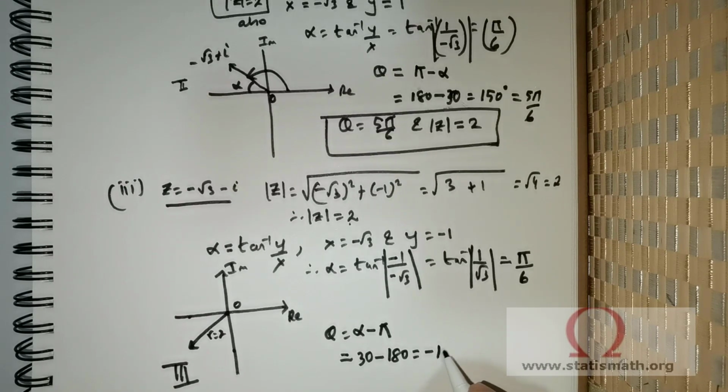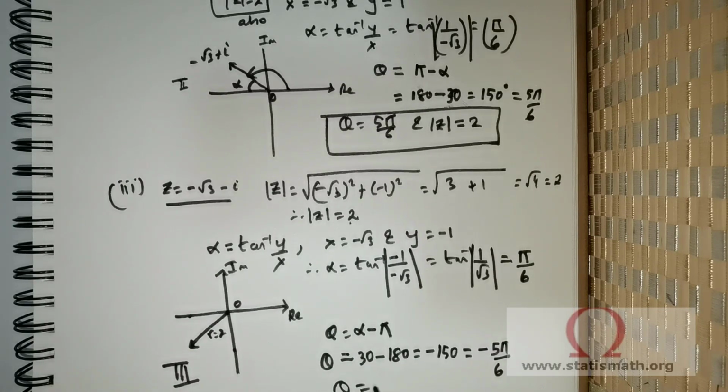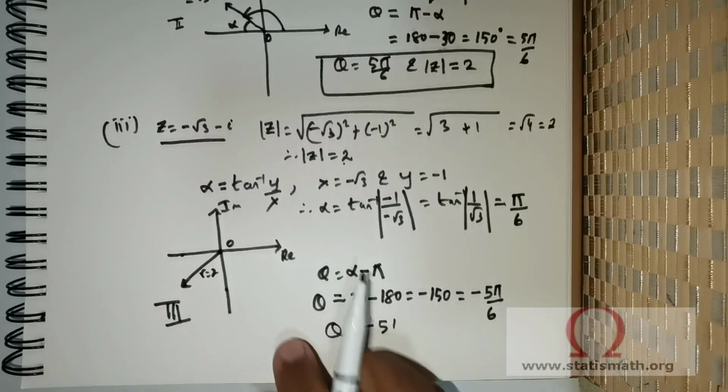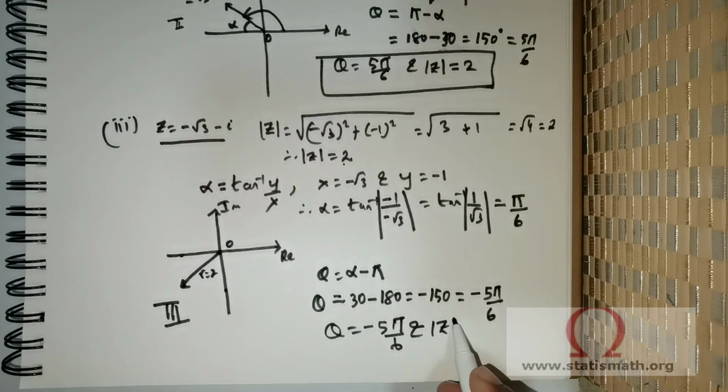So that is going to be negative 150. If I were to write it in terms of radians, it's going to be negative 5 pi over 6. So this is my principal argument. So I've got the principal argument, theta is equal to negative 5 pi over 6 and the modulus, which is 2 units.